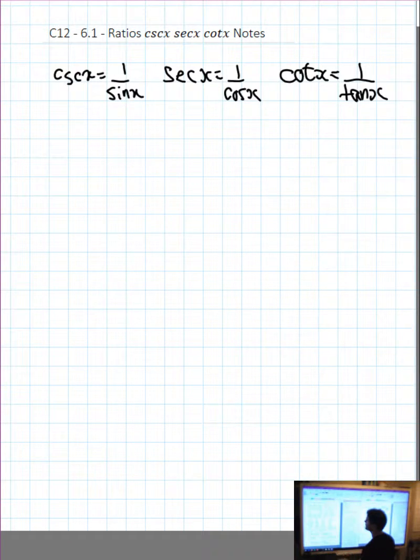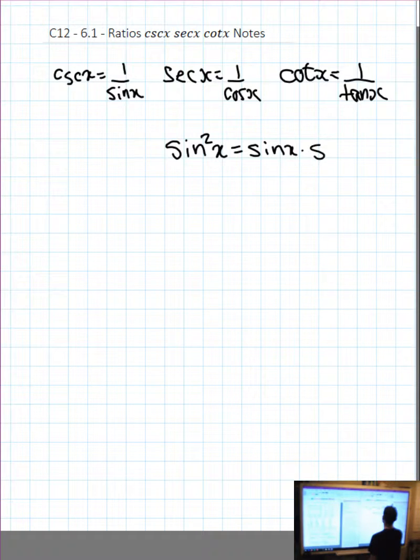Let's just read it. It says sine x over sine x equals 1, obviously. Sine squared x, which off to the right in a box, sine squared x is equal to sine x times sine x. I'm going to put a box around that one.